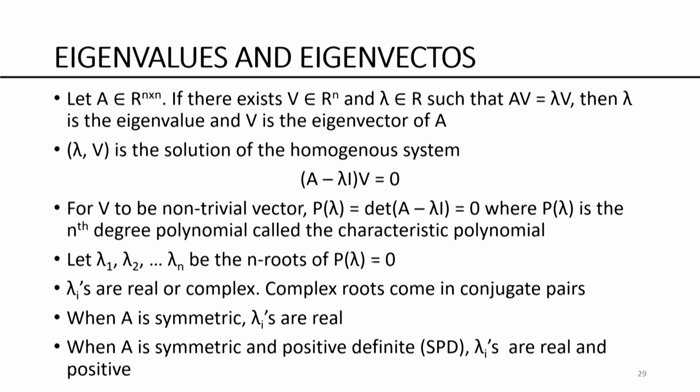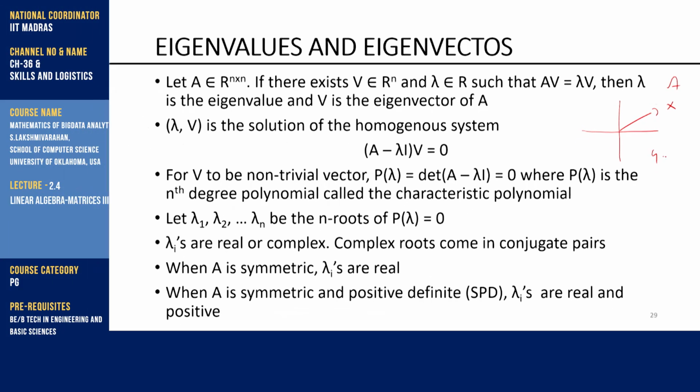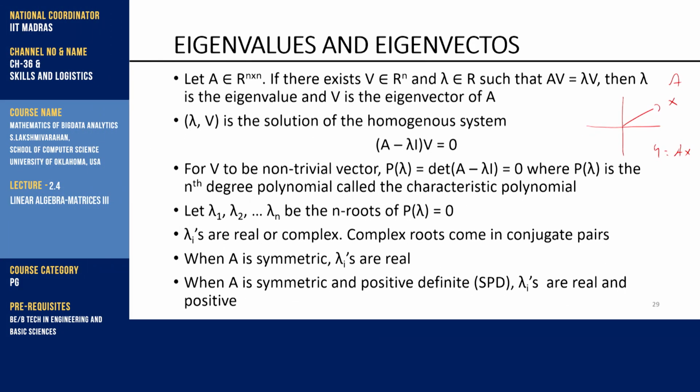Let A be an n by n matrix. So what is the idea here? If x is a vector, if A is a matrix, and y is equal to Ax, in general y will be a vector different from x.